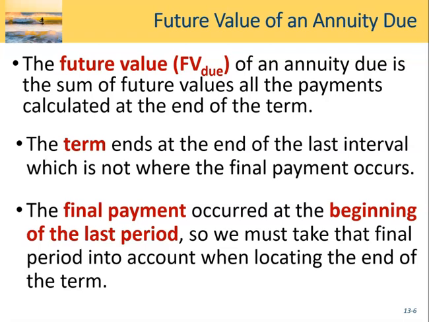So we must take that final period into account when locating the end of the term. So if it's being figured out that it's a 10-year term and the final payment is made at the beginning of the 10th year, you must still consider it 10 full years.